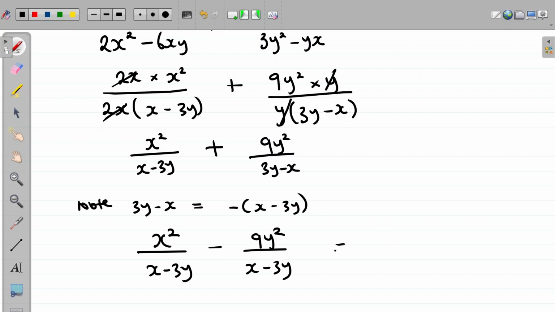Now, since we have been able to obtain the same denominator, our LCM becomes x minus 3y. So therefore, x minus 3y divided by x minus 3y will give us 1. 1 times x squared is x squared minus x minus 3y divided by x minus 3y will still give us 1. 1 times 9y squared is 9y squared.